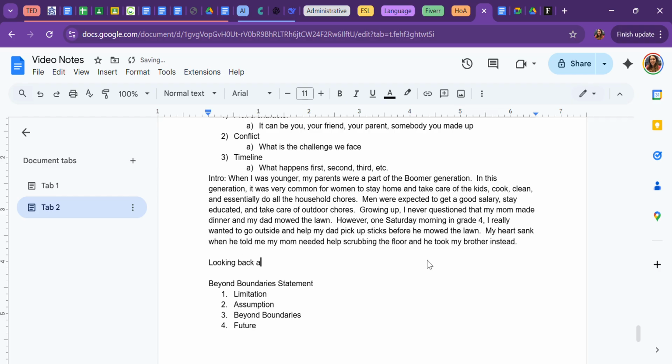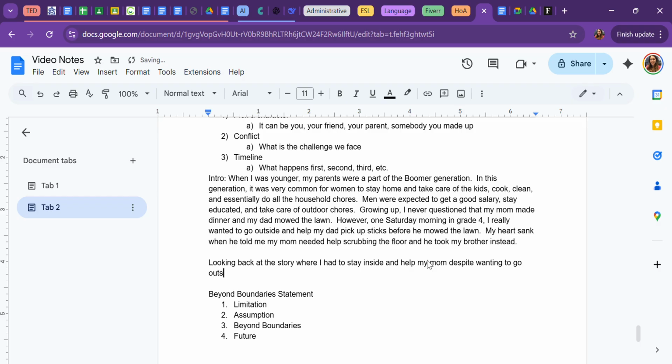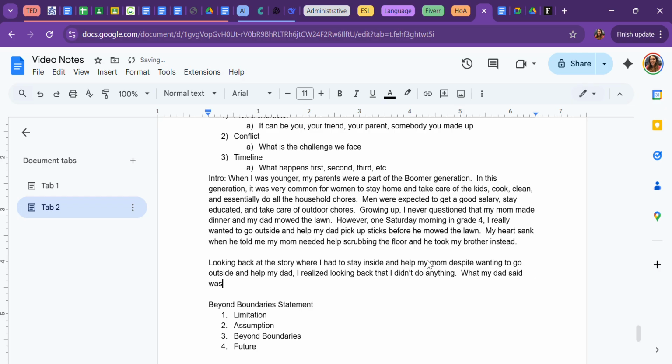Looking back at the story where I had to stay inside and help my mom despite wanting to go outside and help my dad, I realized, looking back, that I didn't do it. What my dad said was the law in the house. We just listened to him.